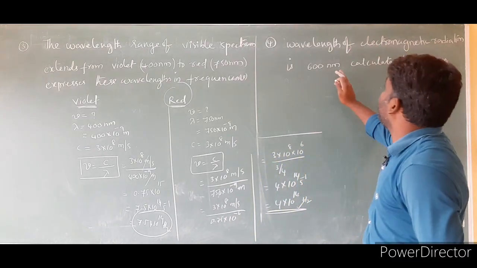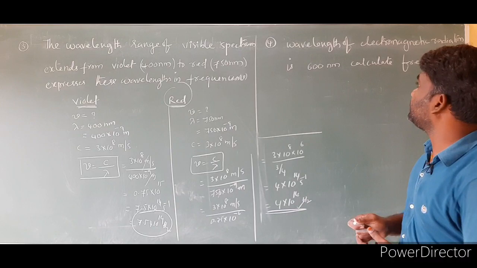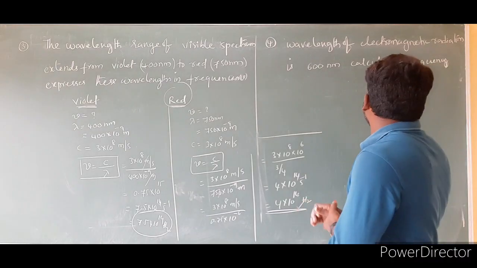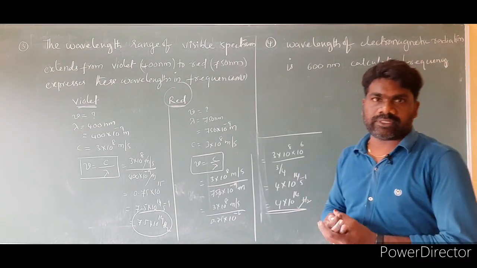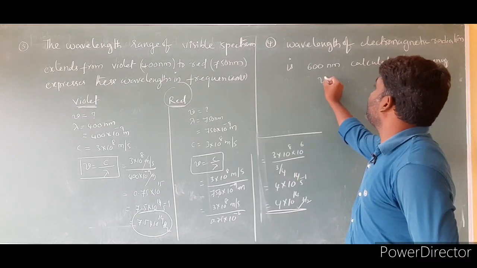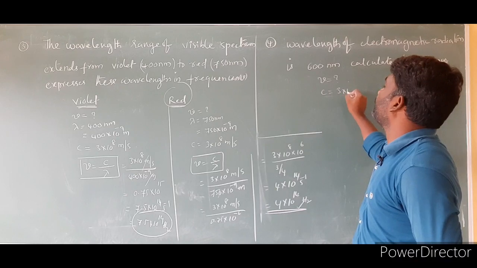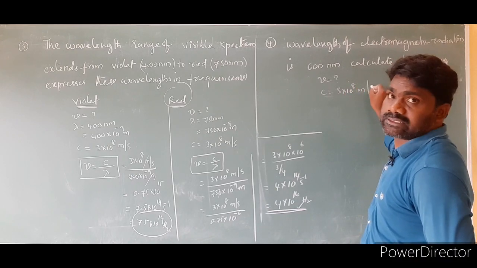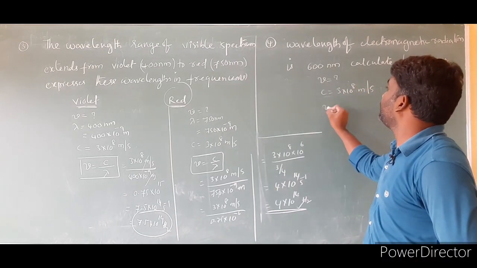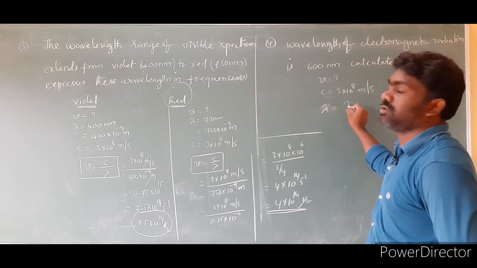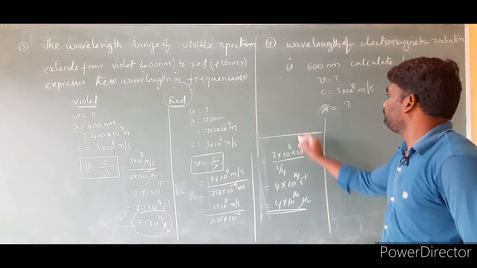Then look at this problem. Wavelength of electromagnetic radiation is 600 nanometers. Calculate the frequency of radiation. Same, nu is question mark. Then C is equal to 3 into 10 to the power of 8 meter per second. Then substitute.